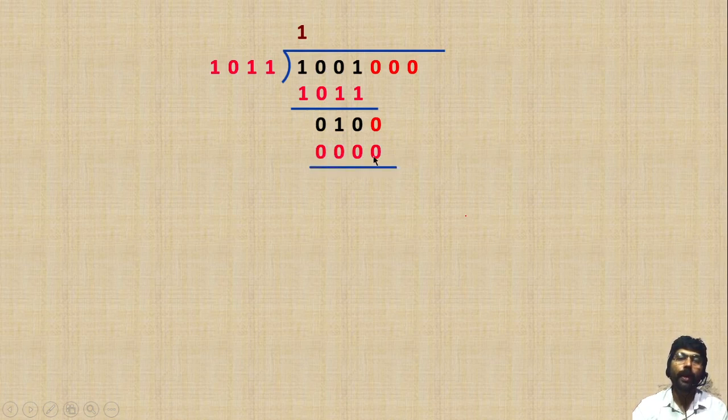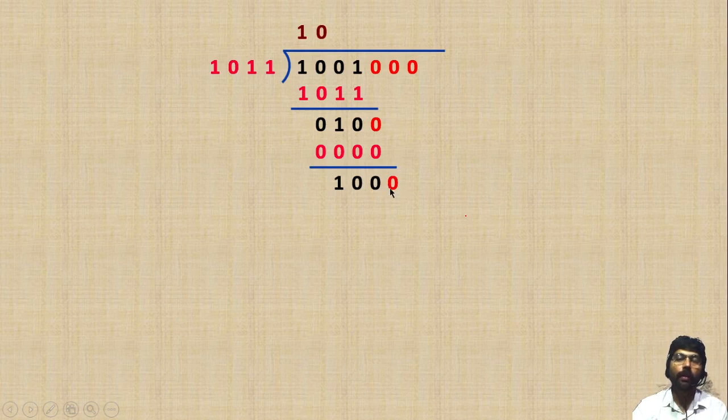So I have to divide this by 0 and write the quotient 0 here. When I cannot divide it by this divisor, I put 0 as the quotient and divide it with 0. Now whenever you divide it, you get the result 100. Now I have to pull down the next 0 here.